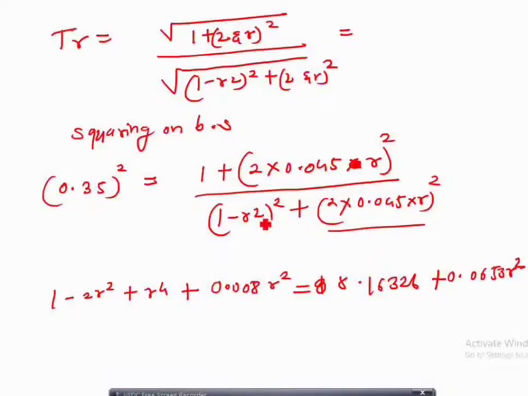So you just have to open this bracket, multiply 2 by 0.045 and into R bracket square, then 0.35 bracket square, and then just cross multiply and you are getting this equation.